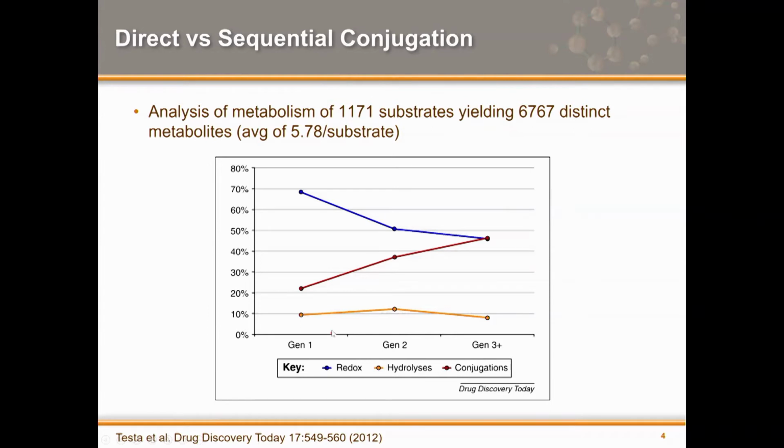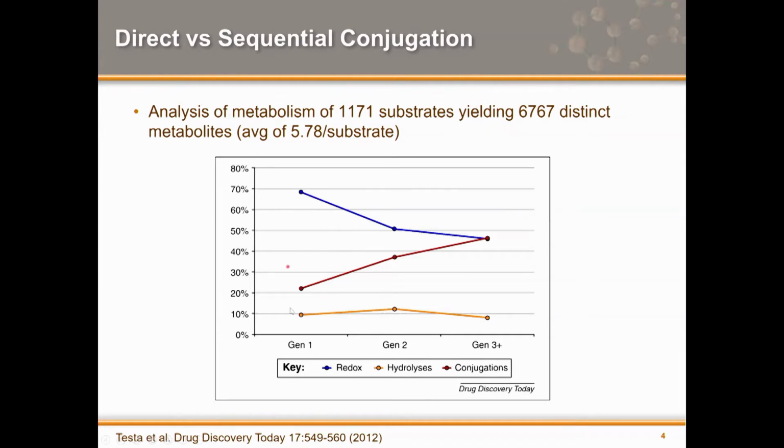And what they found is that the initial metabolites that were formed were largely phase 1 metabolites. About 70% of these initial reactions were catalyzed by phase 1 enzymes, mostly P450s. About 10% were hydrolytic reactions, and a little over 20% were direct phase 2 conjugation reactions.